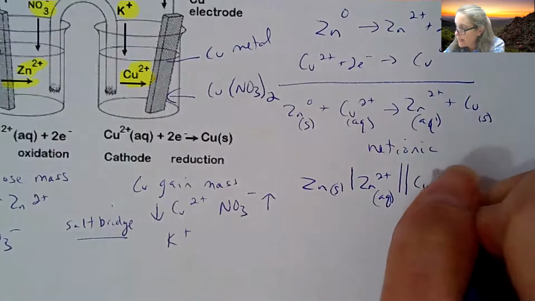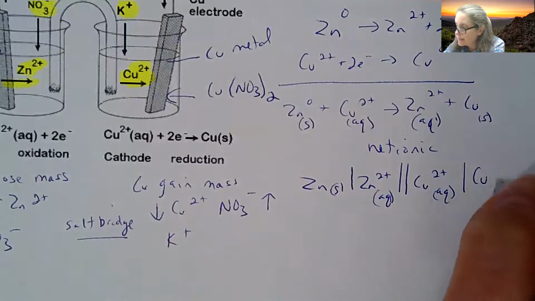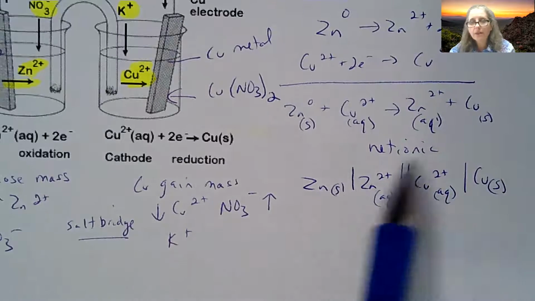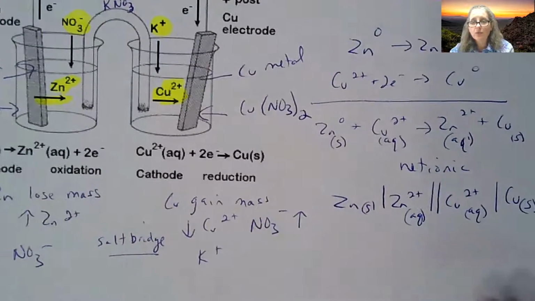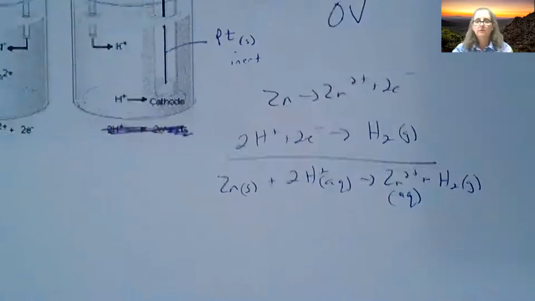Then the copper 2 plus aqueous, a line, copper solid. So that is the line notation for this cell. If you were to write this down, any chemist would know exactly what you have set up for your galvanic cell.